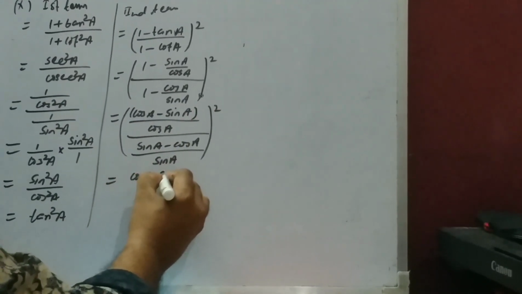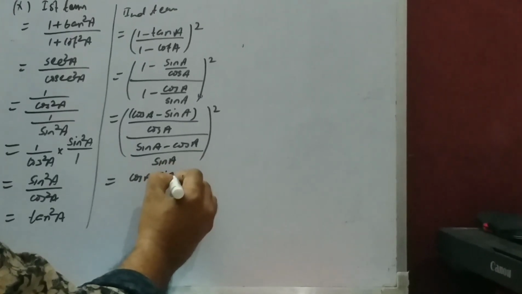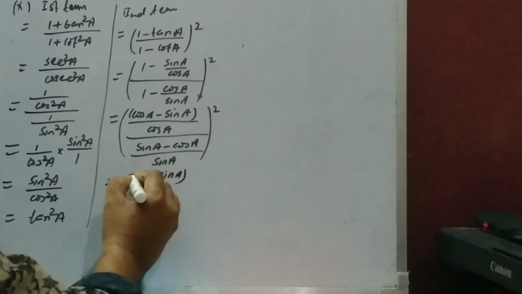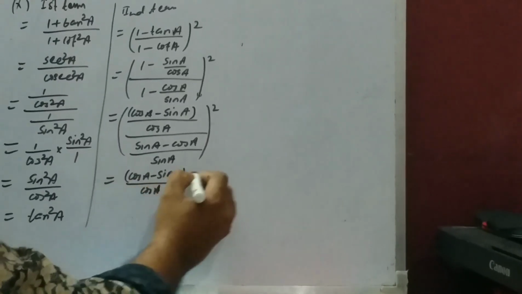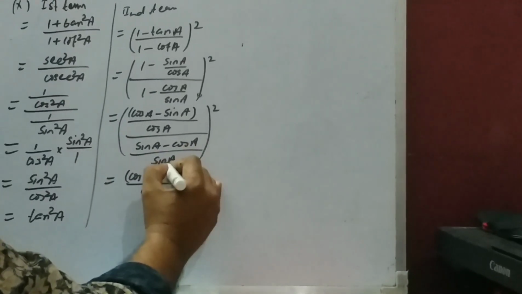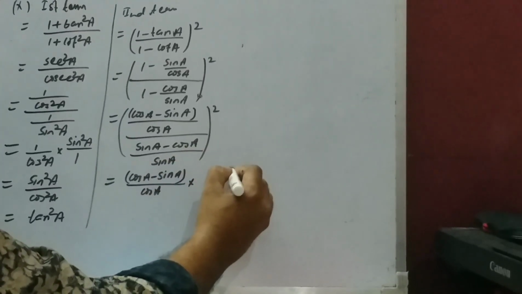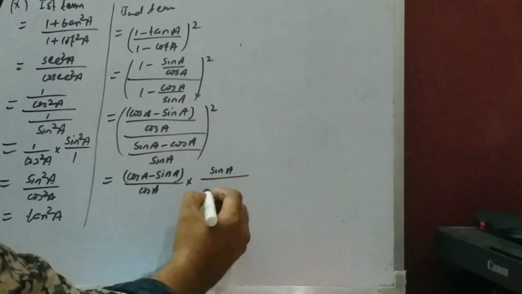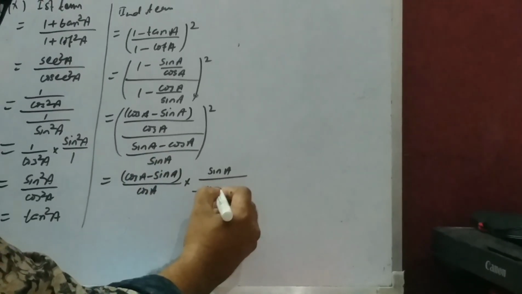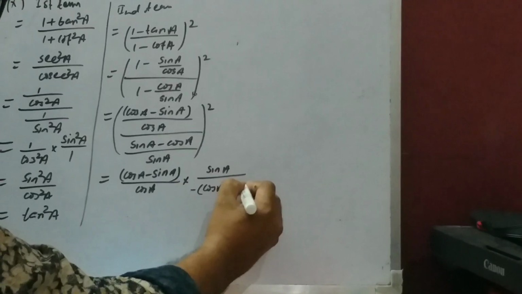Cos A minus sin A by cos A, and take minus common from this, sin A minus cos A becomes minus (cos A minus sin A).